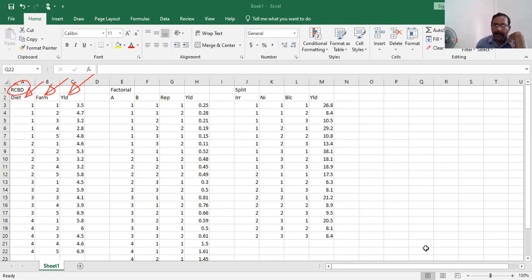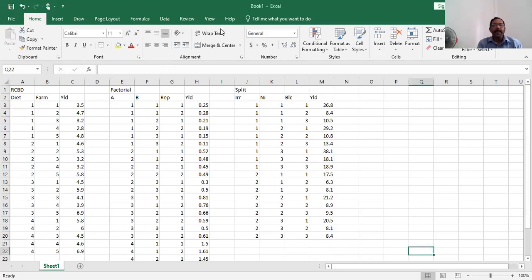It is an easy way to enter data in an Excel sheet, isn't it? Because it comes nicely. Otherwise, it's a problem entering the data. We don't miss anything. Now I'm going to use this data.